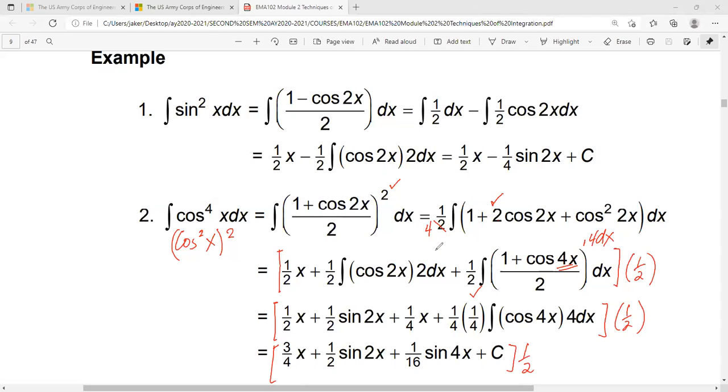It should be 1/4. Now you see a 3/4 here because this one and this one were combined. So 1/2 plus 1/4 is 3/4. Then you have 1/2 sine of 2x, and you have here 1/4 times 1/4, 1/16, the sine of 4x plus c.